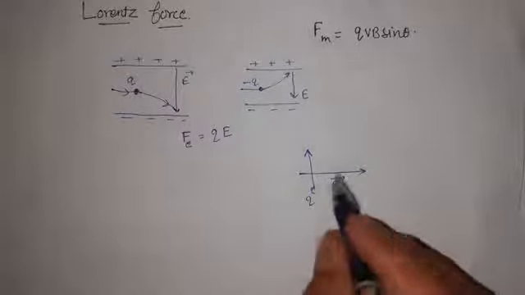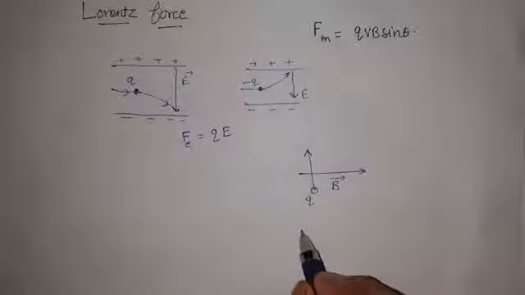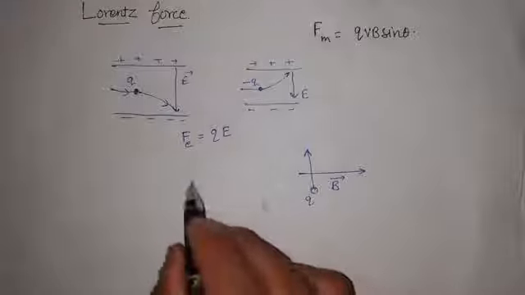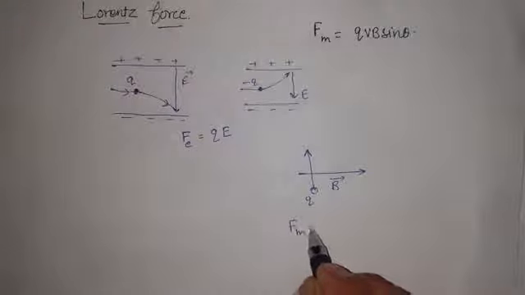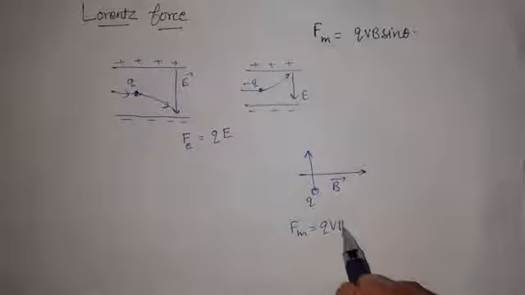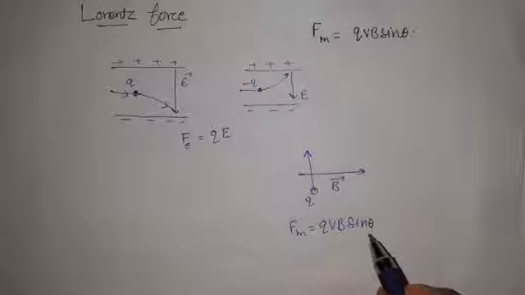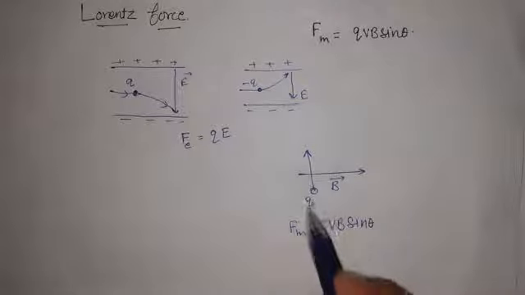So what will happen to this charge? A force will be exerted on it, and this force is called the magnetic force. How much is it? Already written over there, it is QVB sine theta. This is the force that will be exerted on the moving charge.